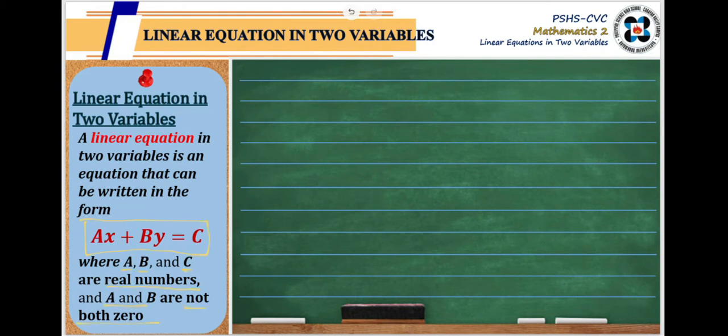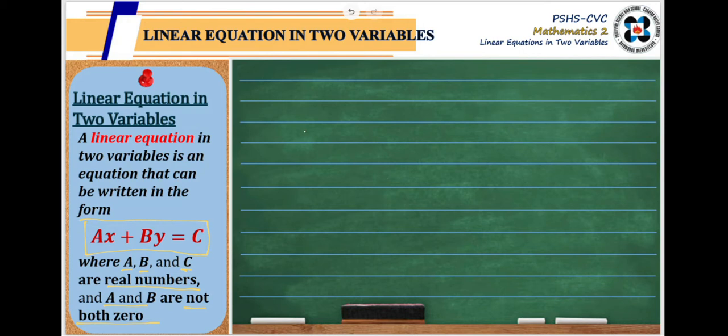In this form, a, b, and c are real numbers, and a and b are not both 0. Meaning to say, the two cannot be 0 at the same time. But a can be equal to 0 provided that b is not, or b can also be equal to 0 but a is not. Okay?